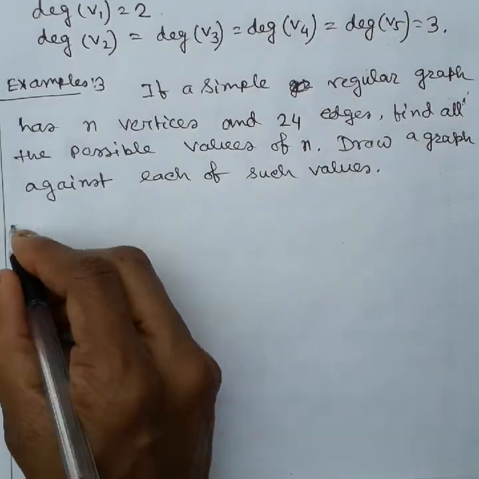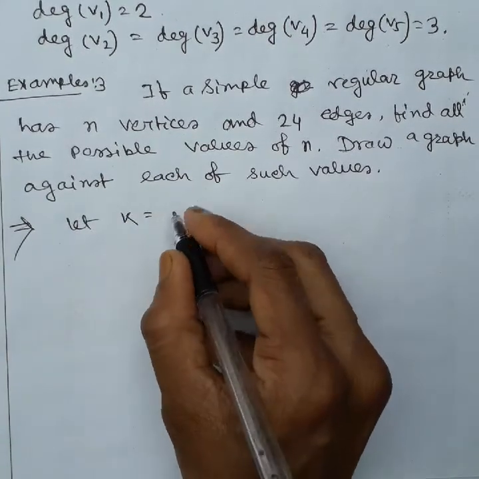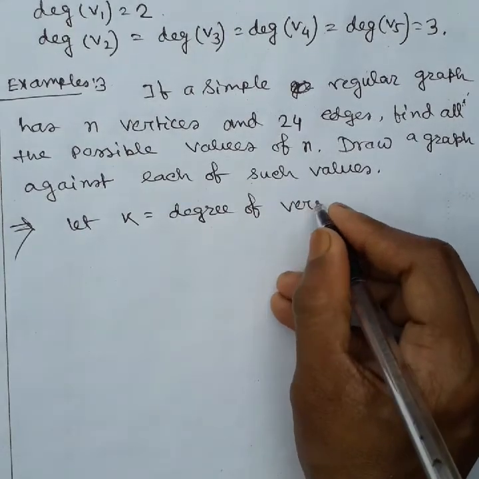Okay, so here let k is equal to the degree of every vertex.